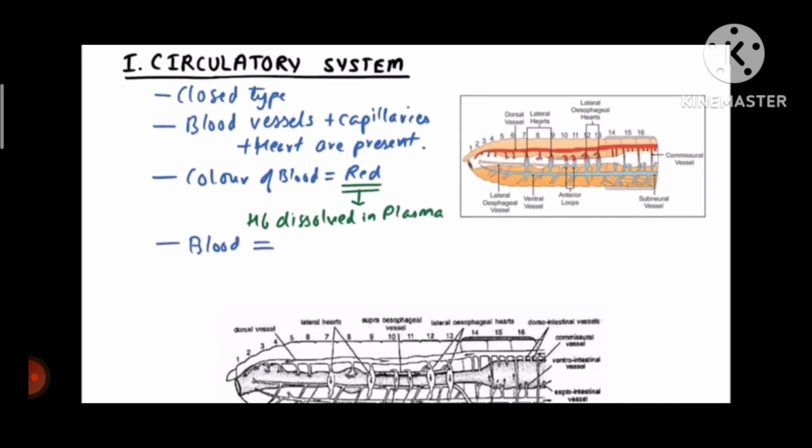Here blood is equal to plasma plus colorless cells. These colorless cells are equivalent to WBC of vertebrates.